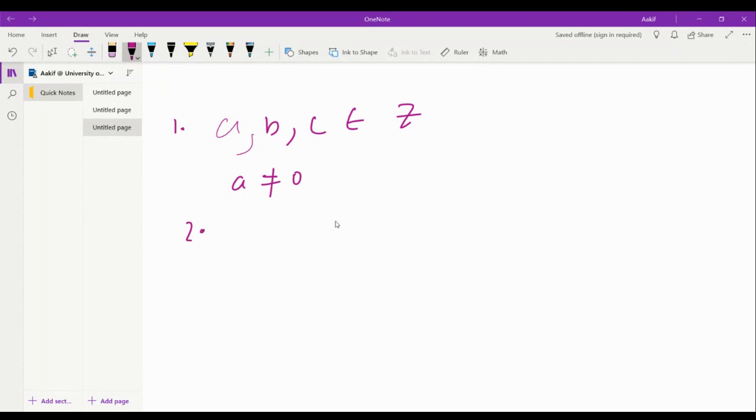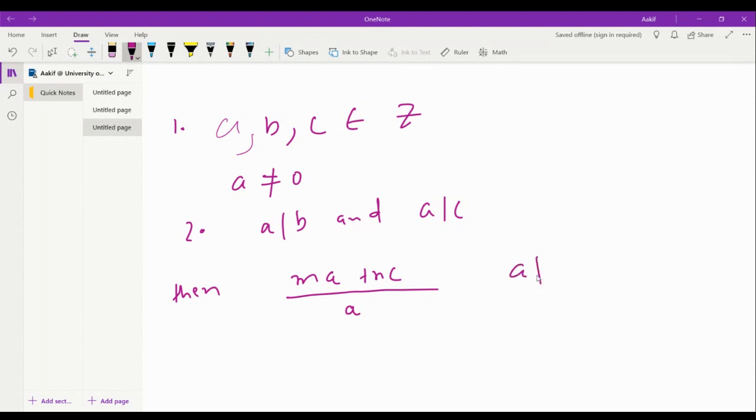The second thing it states is that if a divides b and a divides c, then a divides m times b plus n times c.